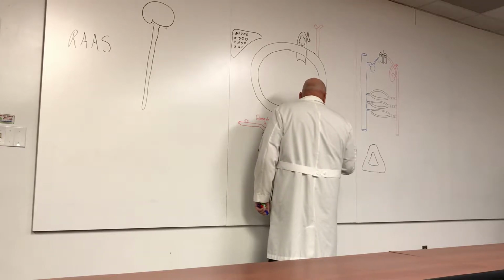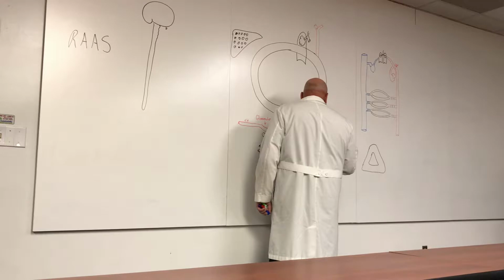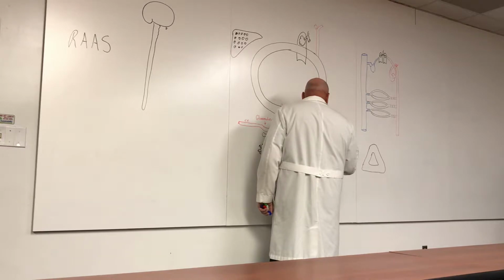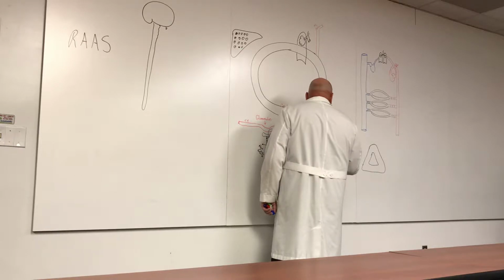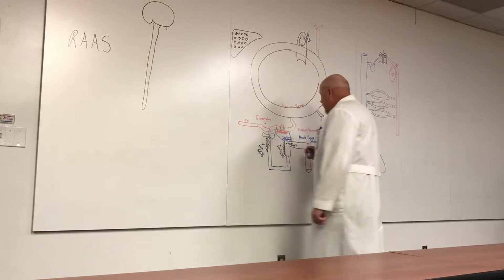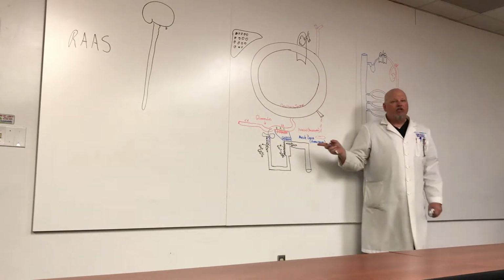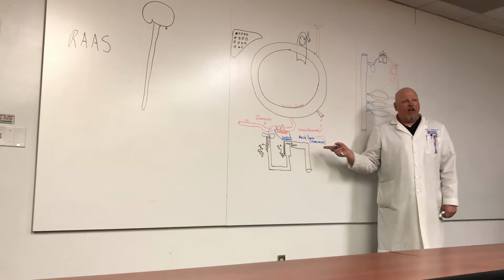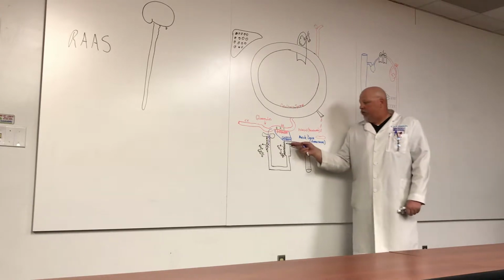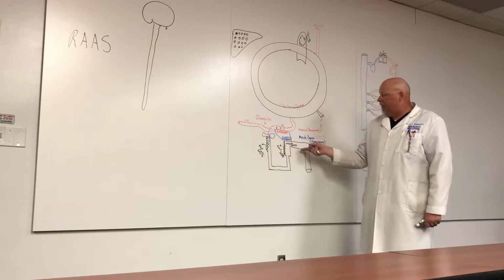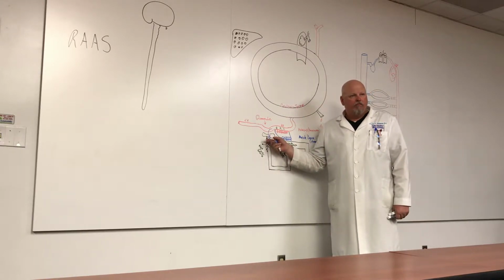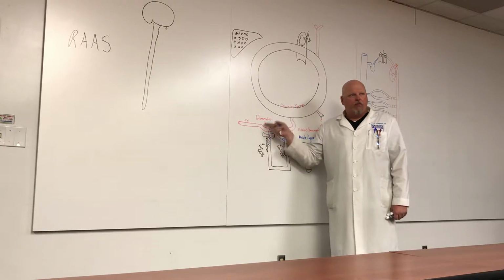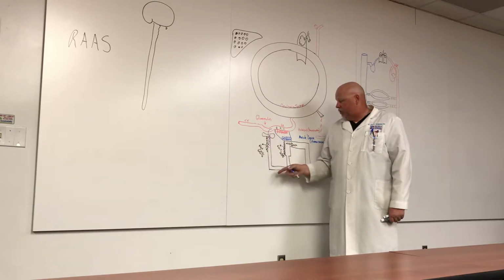And these are chemosensors. They sense the amount of sodium in the nephron. Okay? Now, when it drops below 10%, these macula densa cells don't know that there's a blood pressure problem. They know there's a glomerular problem. So they don't know what's going on. They just know that there's a problem with sodium getting here.